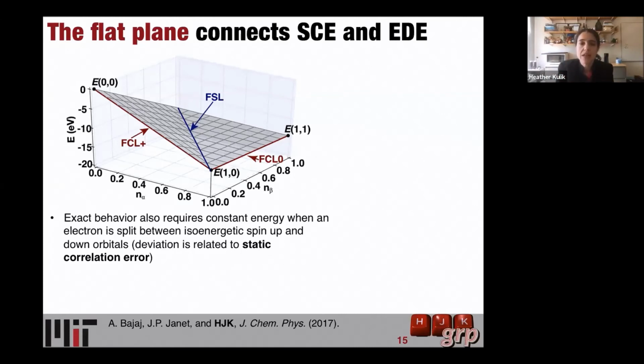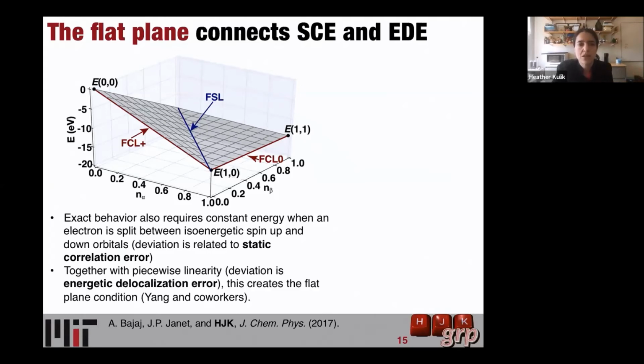And that, it turns out, is something that is held true in LDAs that I will show in a minute we give up when we do DFT+U, but the flat plane condition is the union of those two constraints across. So it just is a complicated looking thing that's basically the piecewise linearity condition, but with a second condition.